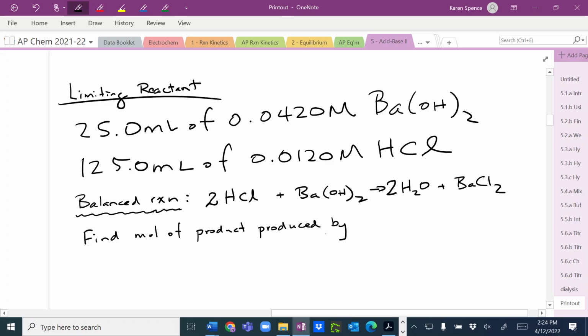There's actually another way of finding limiting reactant that might be a little faster in this case. If you know it, you could use it, but this is the way we learned last year, okay? Find the moles of product produced by HCl and by Ba(OH)2. So, which product do you want to find?